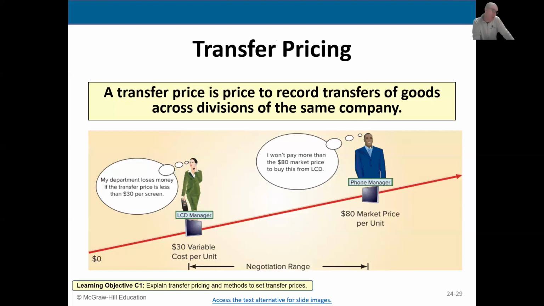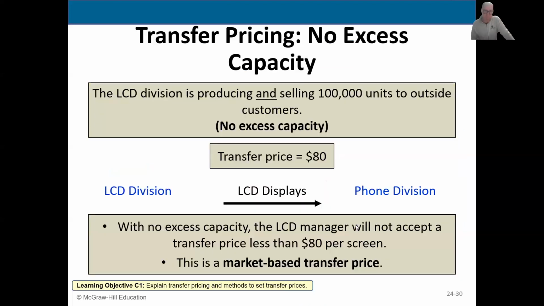Typically, in this type of situation, the managers usually agree on the lowest possible price, which is the variable cost per unit. In some cases, like this example, they're agreeing on the highest transfer price.